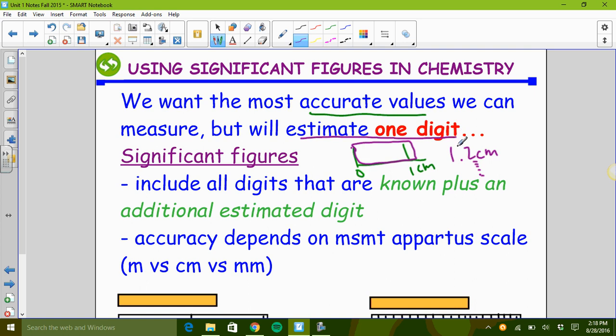That's an estimation. I said 1.2, whereas you could have said 1.3 or 1.1. But notice I'm not going further than that because I can't estimate 15 more digits. I don't have that kind of accuracy. So whenever we're talking about significant figures, or sig figs, as a short way of writing that, we're going to include all the digits that are known because the ruler said so, plus the estimated digit that we have the freedom to estimate.